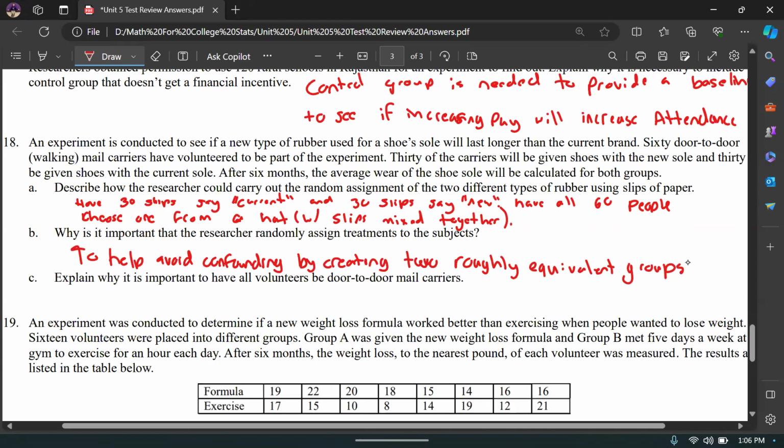All right. Explain why it's important to have all volunteers be door-to-door mail carriers. I guess it's to be sure each person gets an equal amount of walking.